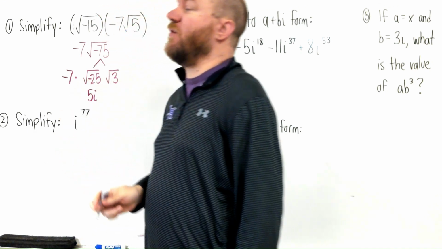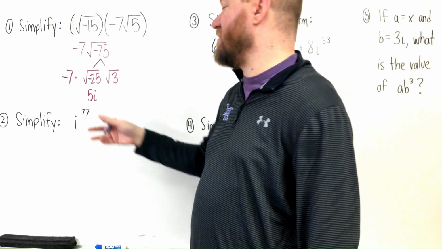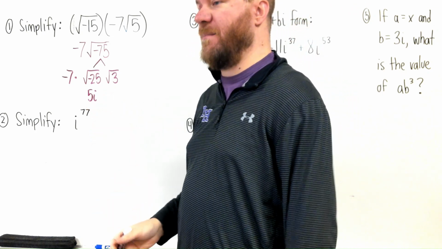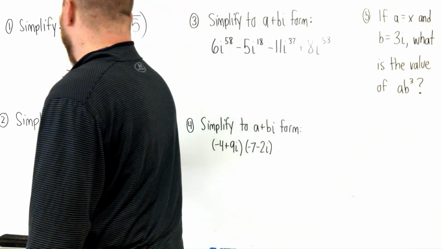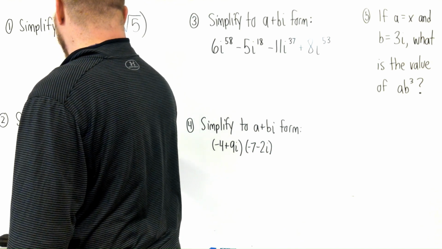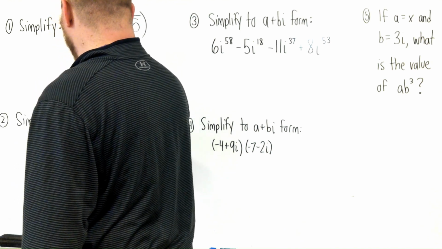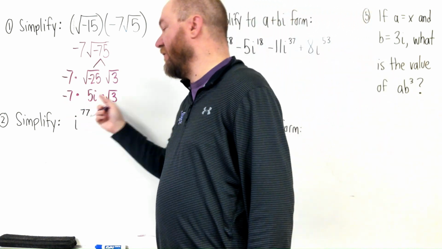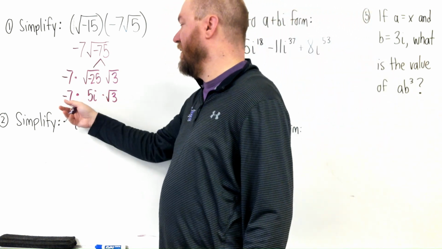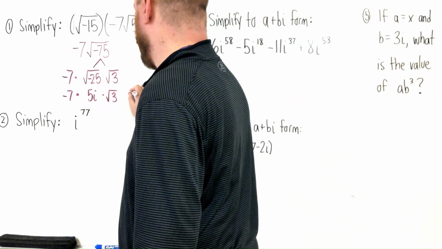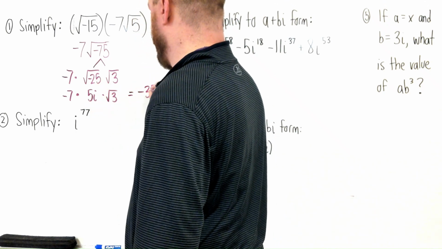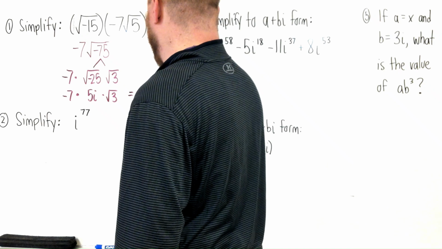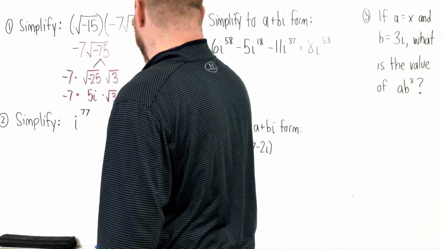Remember, the square root of a negative can't technically be answered, so we attach an i to it to show that it's an imaginary answer. And then we bring down this -7, and we bring down this radical 3, which can't be simplified anymore. And now we have 2 things out front of a radical. Those can be multiplied. -7 times 5. The answer to this question is -35i radical 3.